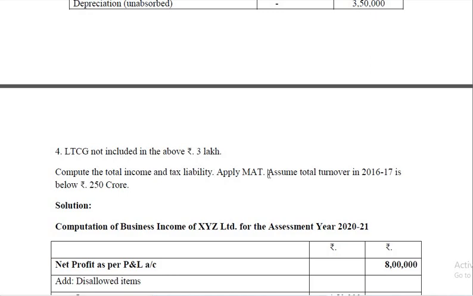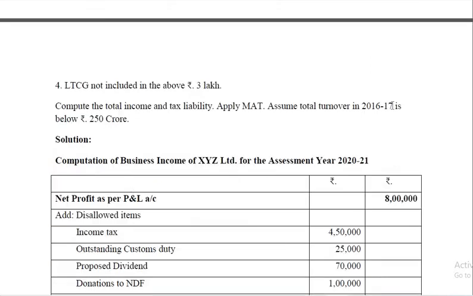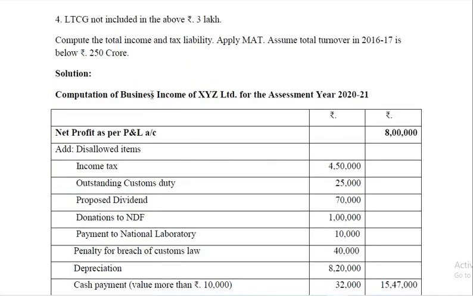Apply MAT. Assume total turnover in 2016-17 is below 250 crore. If the turnover in 2016-17 is below 250 crore, then in subsequent years also, the rate of taxation is 25%, not 30%. So 25% is to be applied while computing tax. Okay, we'll go for computation now.